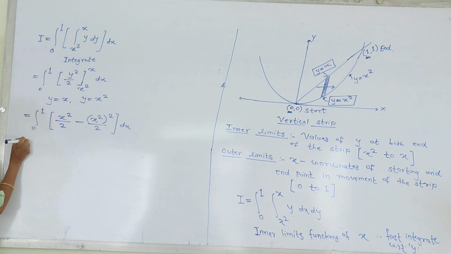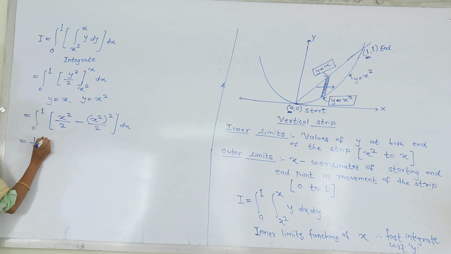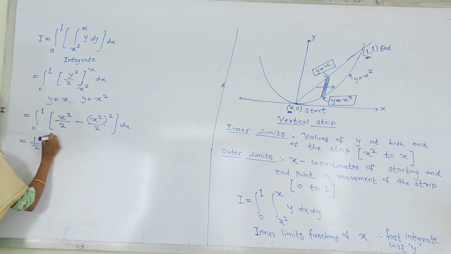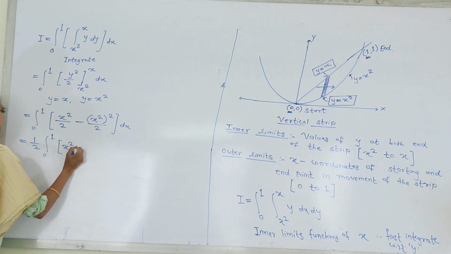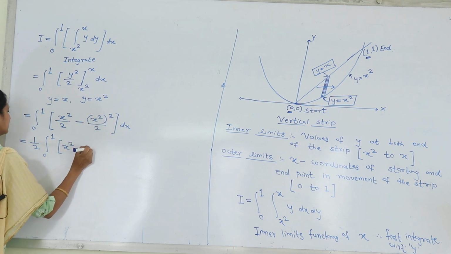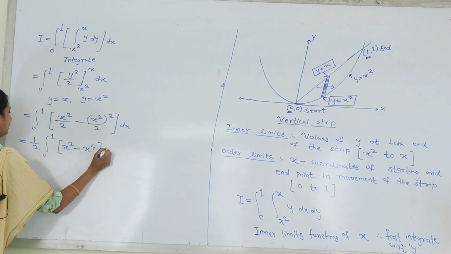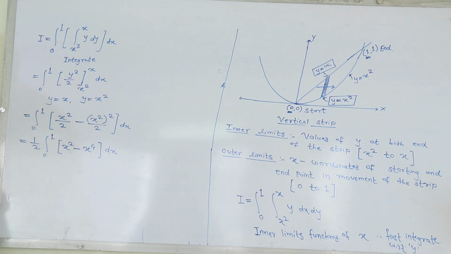And this 1/2 can be taken as a constant. 1/2 integration 0 to 1, then x square minus x square in bracket squared is x raised to 4, dx. This is completed with respect to y.